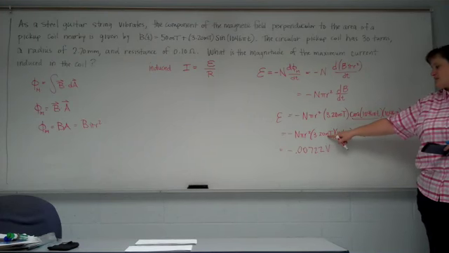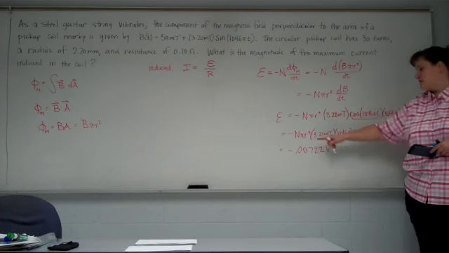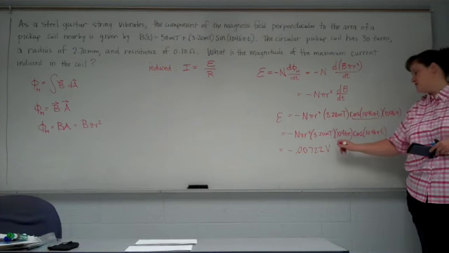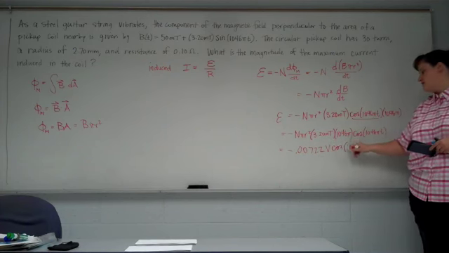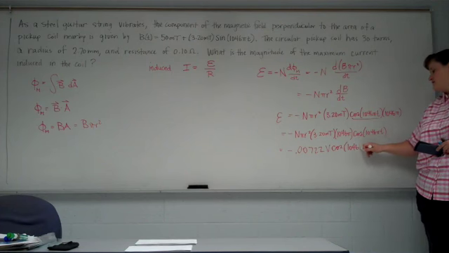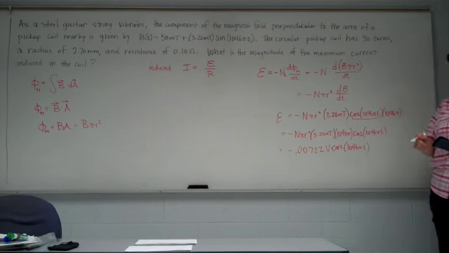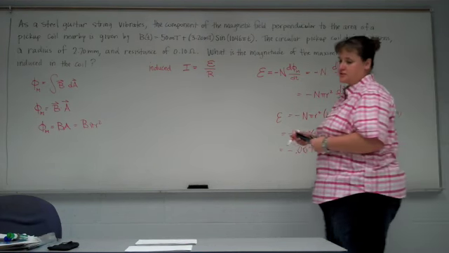You have to put the 10 to the negative 3 in for the milli there. Radius needs to be in meters. That gives us units of volts. So our voltage is changing with time.